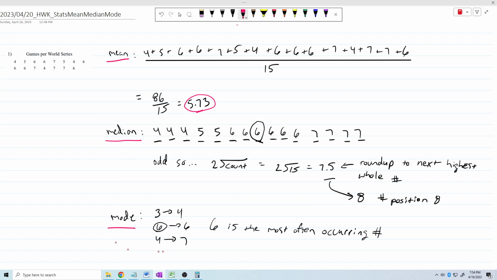Now, just a little reminder, sometimes you may have number sets, data sets, where you have multiple numbers. Like, for example, 6 appeared 6 times. You may have another number that also appears 6 times. If your most often occurring number appears the same number of times that some other number does, what it means is you got two modes or more, or however many there are, right?